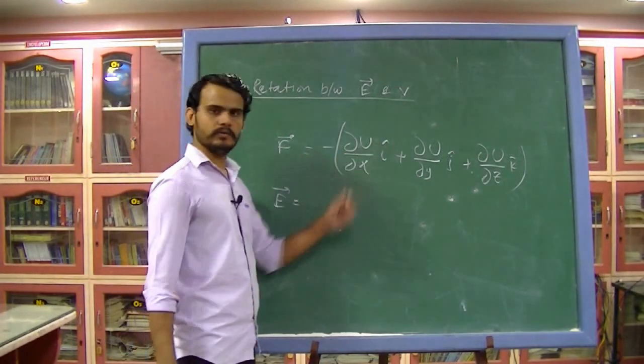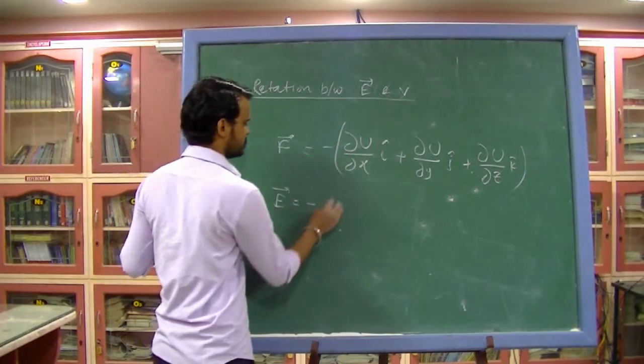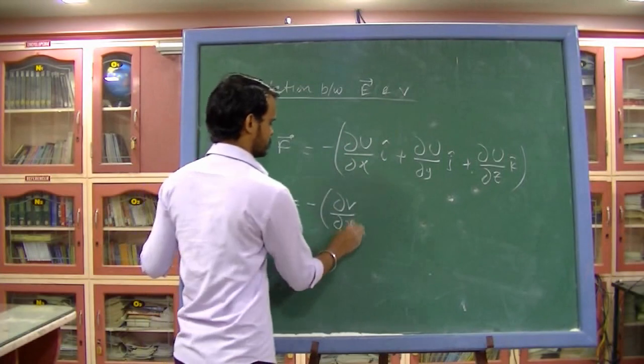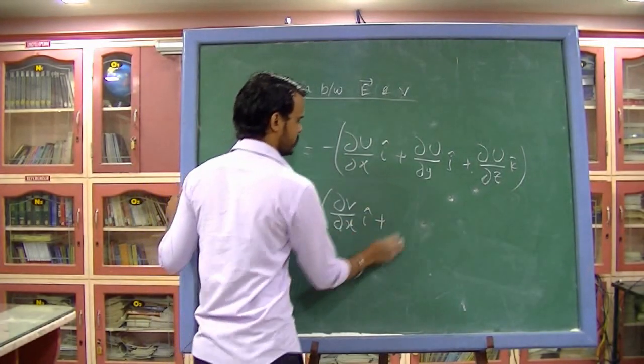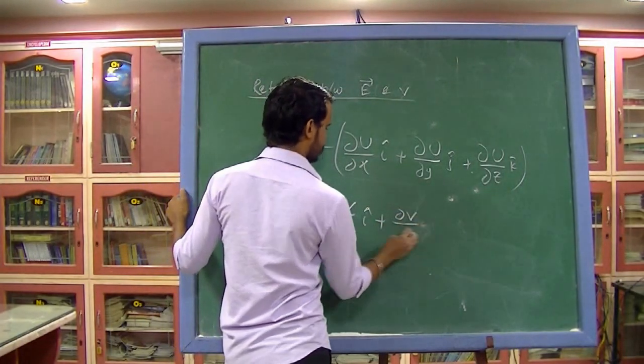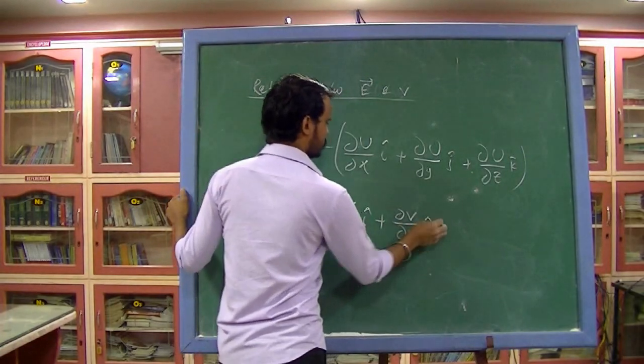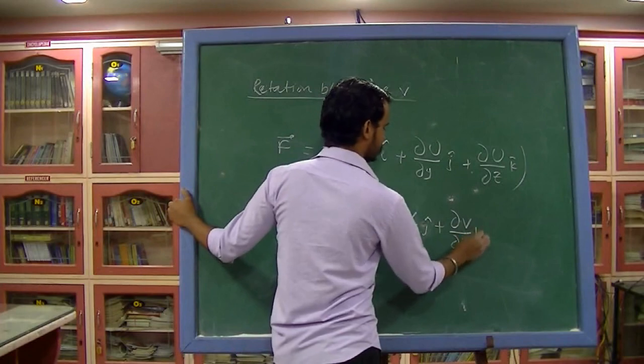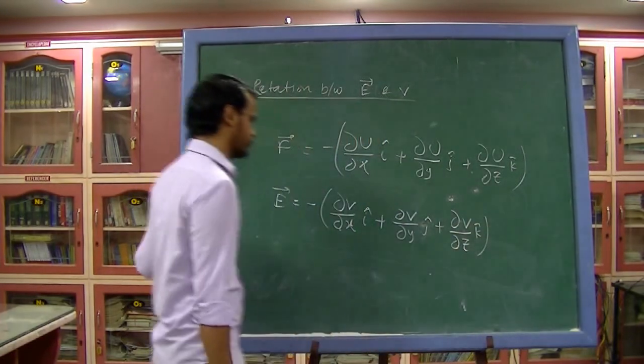Here this U by q will become V. So, I can write this as minus of dou V by dou x i cap plus dou V by dou y j cap plus dou V by dou z k cap.